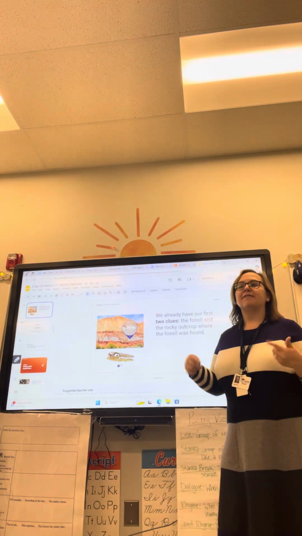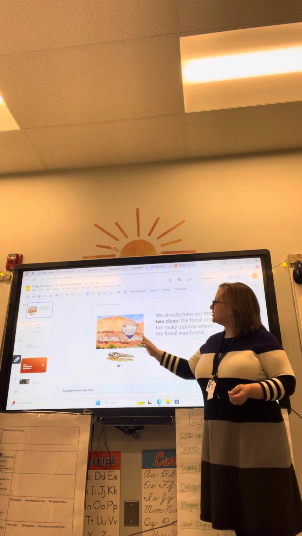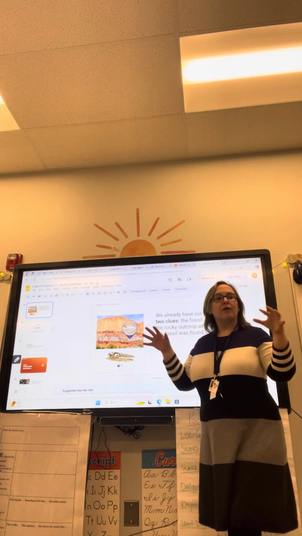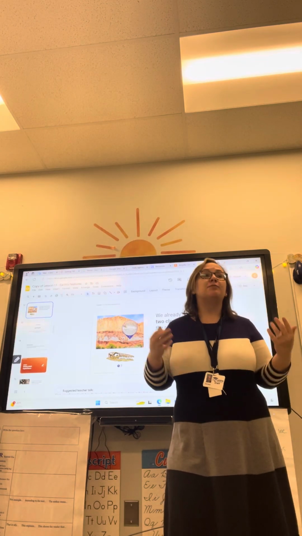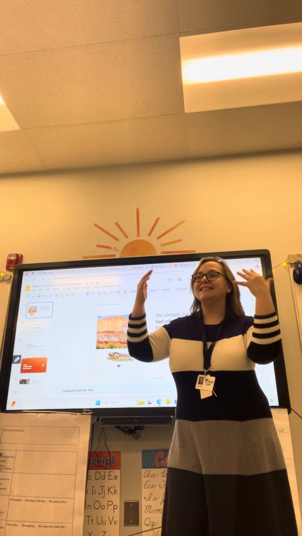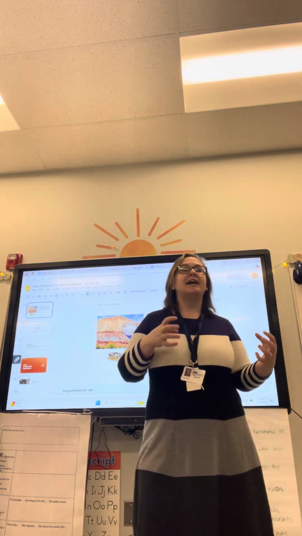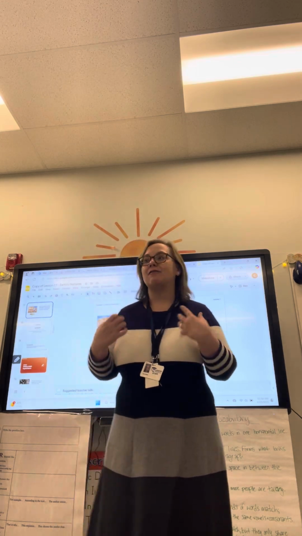We'll get an actual definition for fossil later, okay? And then remember, a rocky outcrop is a giant piece of rock or rocks together, such as a small mountain or hill, but it's exposed, which means that there's nothing covering it. There's not a dirt mound covering it. We can see it. So we found the fossil in the exposed rock. We found the fossil in the rocky outcrop.